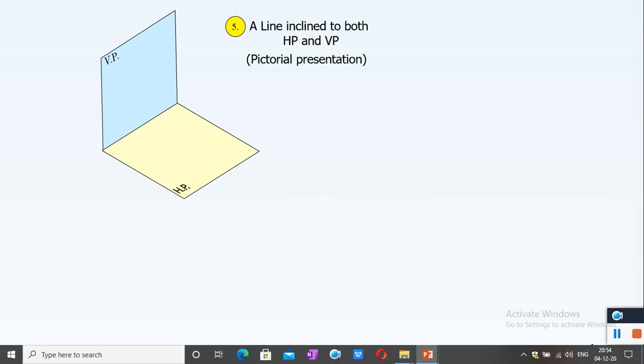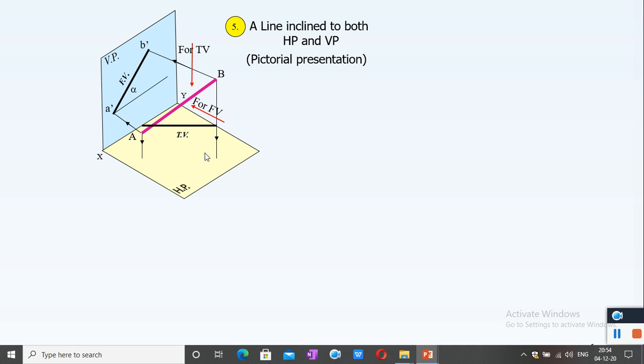A line inclined to both HP and VP. This line AB is drawn as inclined to both VP and HP. So here it will be the front view and this is the top view.